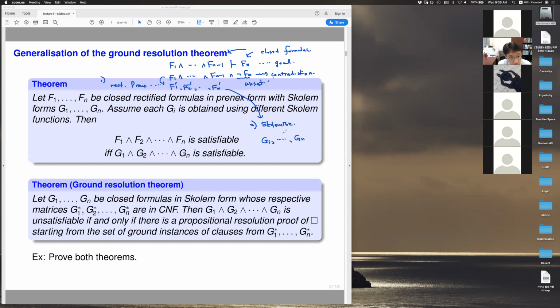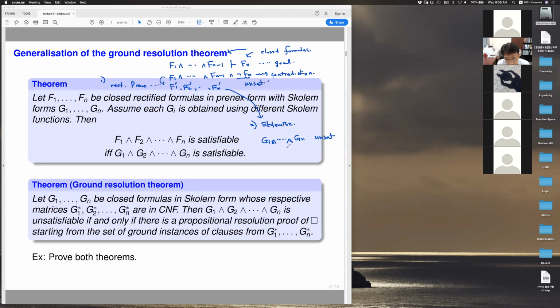And because the theorem says the conjunction of F1 prime up to Fn prime is unsatisfiable if and only if the conjunction of these Skolemized formulas is unsatisfiable, to check the original formula is unsatisfiable, which goes all the way back to the entailment check that we are interested in, all we need to do is check whether the conjunction of the Skolemized formulas G1 to Gn is unsatisfiable. So that's what we have to check.